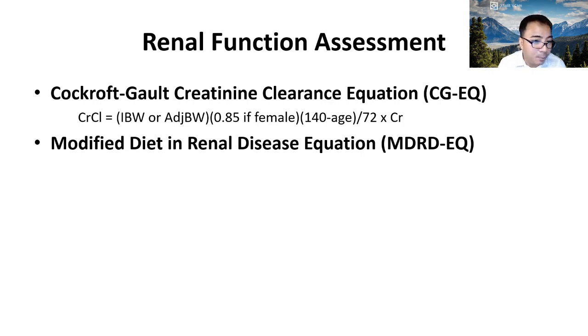Now, the formula, class, for Cockcroft and Gault is something that everybody knows na. Okay, creatinine clearance will just be multiplied to your weight. Pwede rin ideal body weight or adjusted body weight, depende. Kung female ang patient, multiply mo yun by 0.85. Okay, the reason for that, class, is yung 0.85 na to, okay, is because the female have less muscles as compared to male.